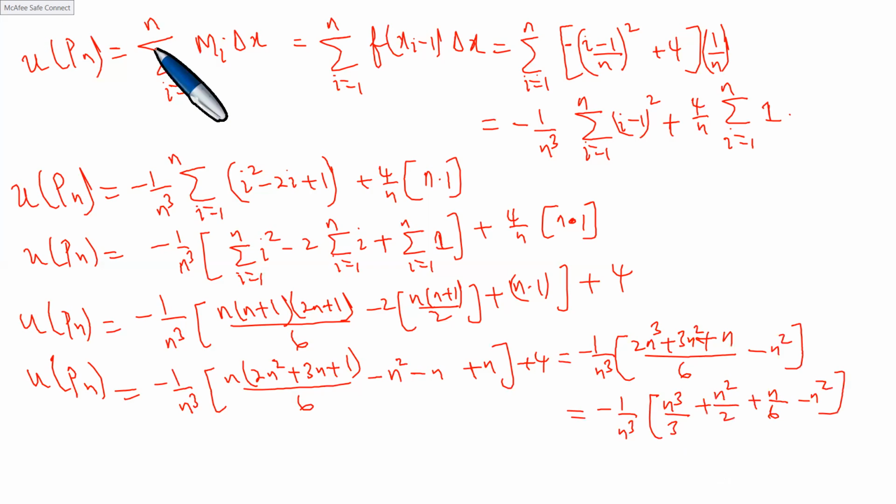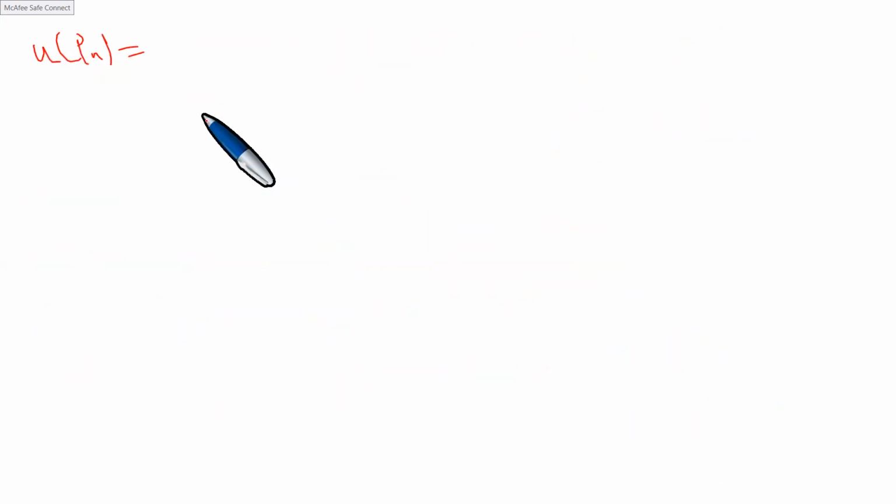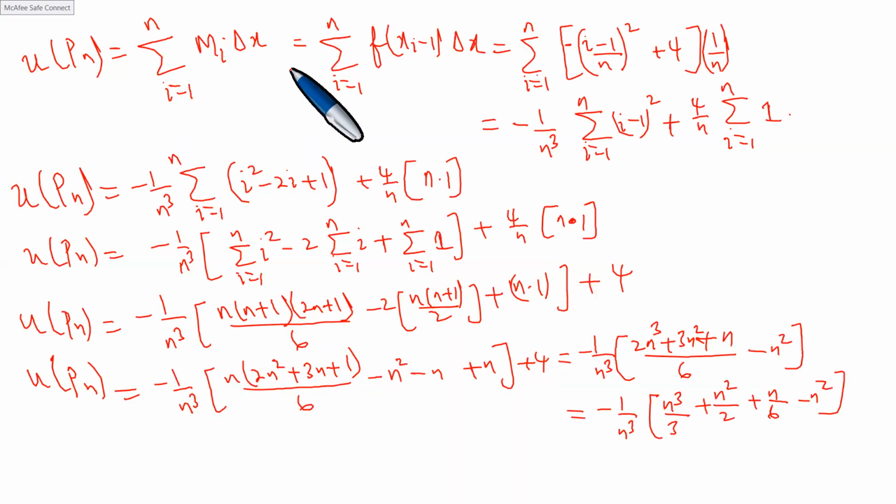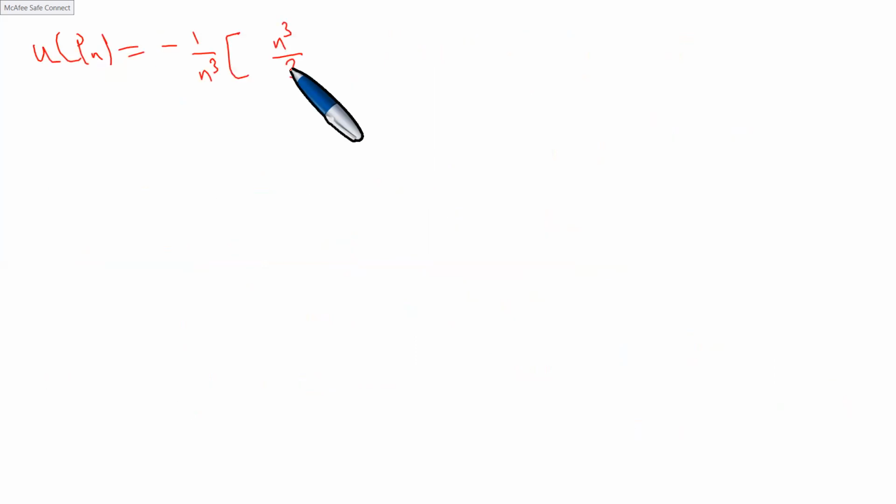Where we have this minus 1 over n cubed, n cubed over 3, n squared over 2.